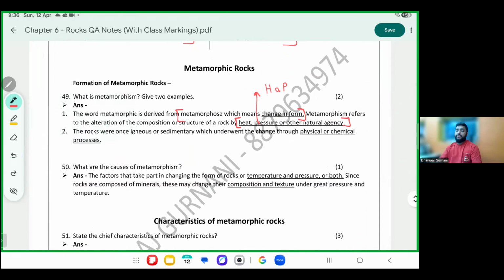The main cause of change is heat and pressure. Change can happen from the outside, the change can happen from the inside. The rock once was igneous or sedimentary. Underline that word, once was igneous or sedimentary. It underwent physical or chemical change. The heat and pressure came from outside or inside, resulting in metamorphic.